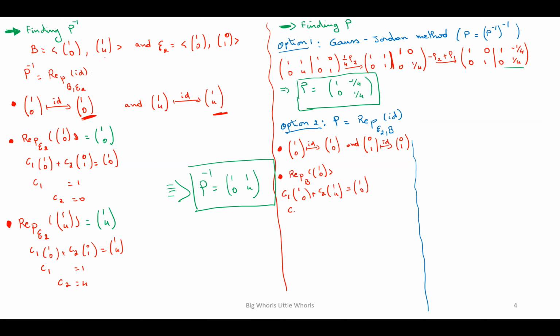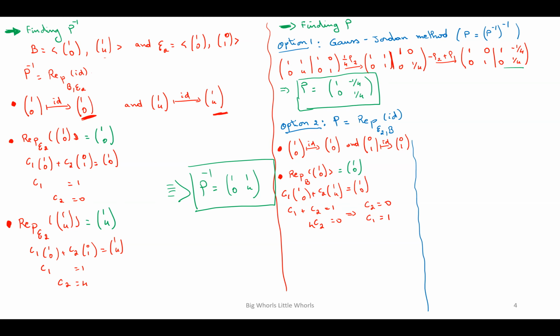So we have C1 plus C2 equals 1, and 4C2 equals 0. That means C2 equals 0 and C1 equals 1. So the representation there is going to be (1, 0).